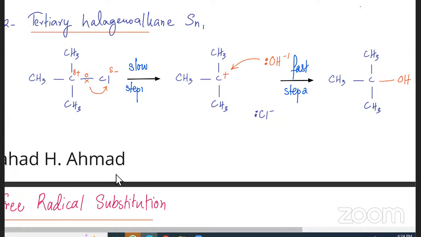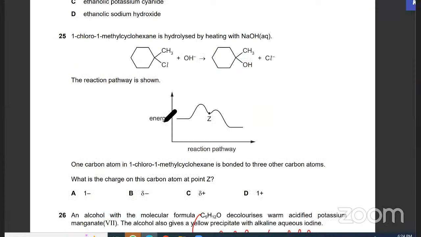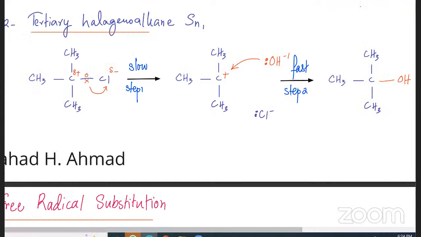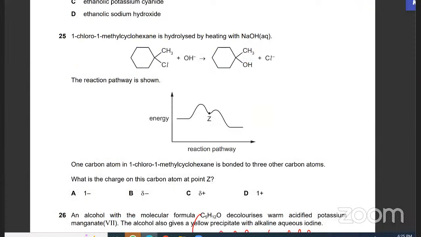In tertiary, you have Cl leaving first and then the OH comes in to bond with the carbocation. So you've got 2 steps. Now this is clearly a 2-step reaction, so we are dealing with a tertiary halogenoalkane, SN1 mechanism, right? Is that clear?